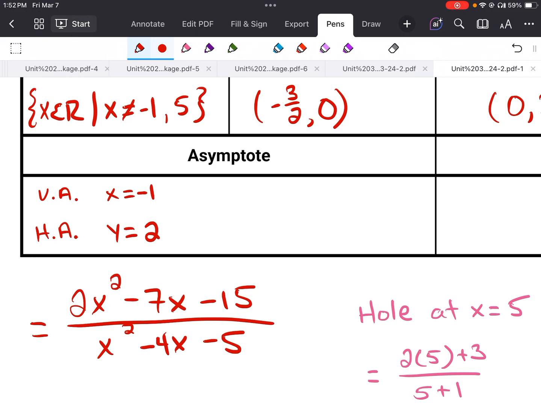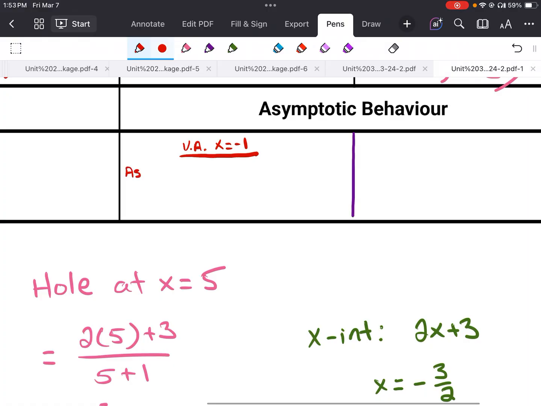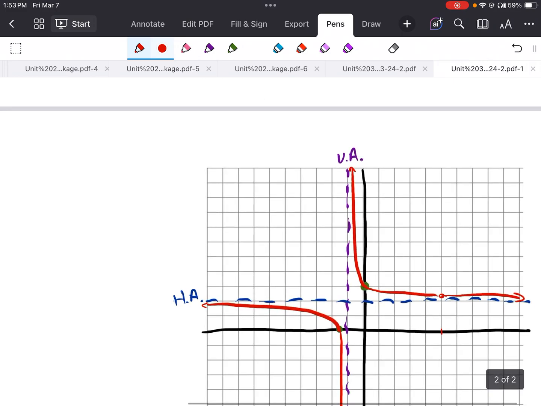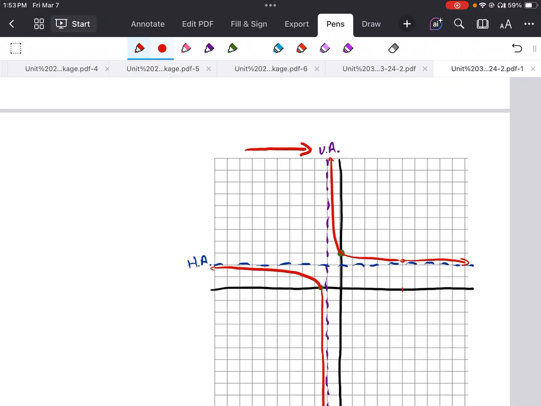Okay, so now we deal with the end behaviors. The first one we want to work with is when the vertical asymptote is at negative 1. So as x approaches negative 1 from the left, in red, you can see at the bottom that the line is going down.